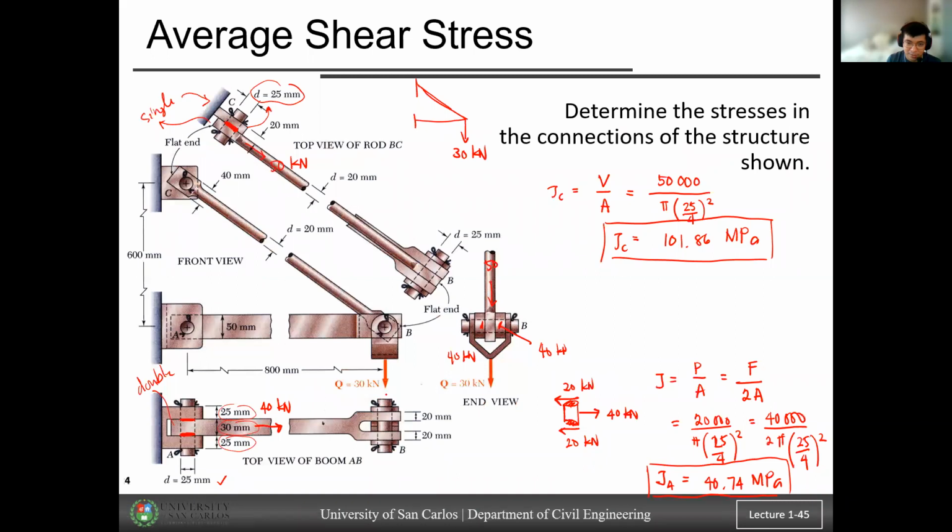Kani siya. So kanisha is going towards AB, and then the other one is going towards BC.